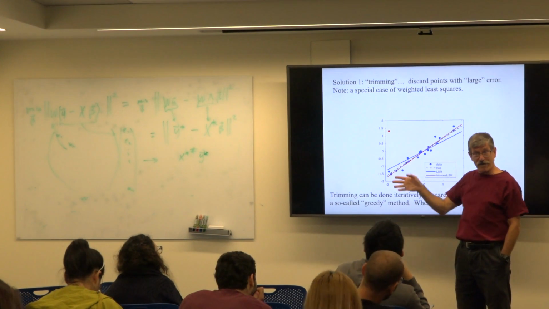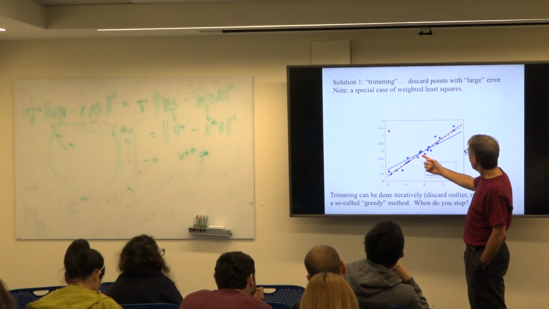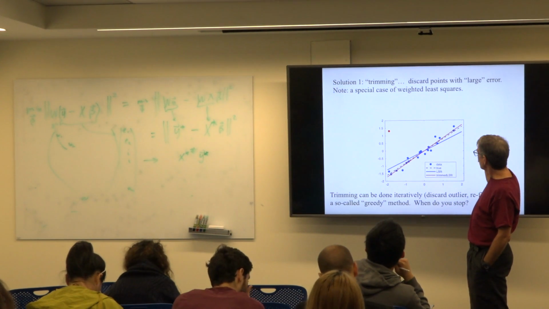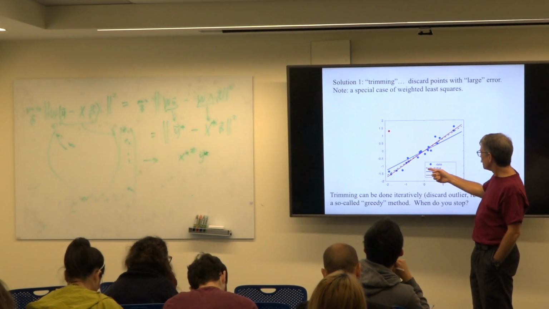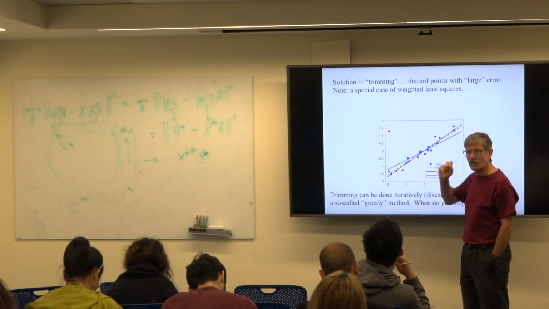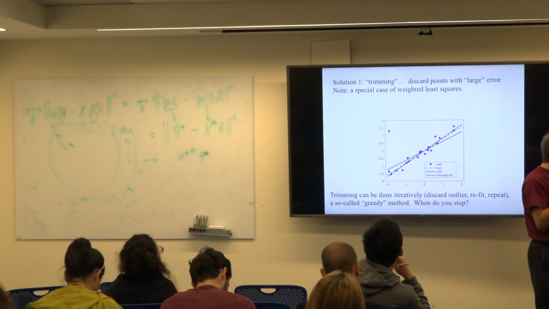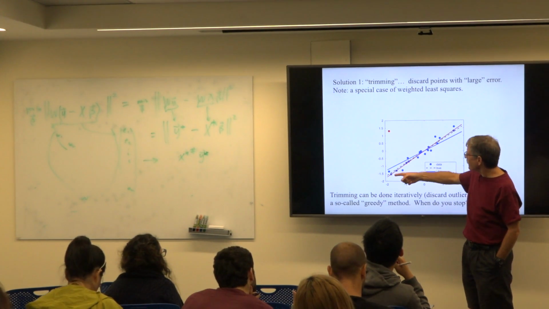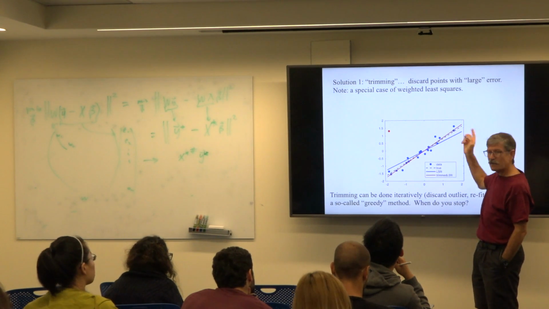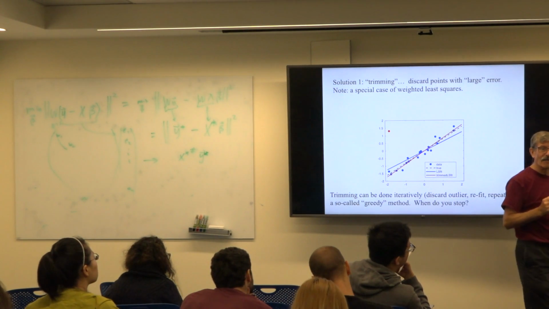So then I refit, and now I get this red line, which certainly looks a lot better. The data, in fact, were generated from a true line, which is really close to the red line. But having gotten this new red line, having already deleted this data point, I can take the new errors from the red line, and try again.